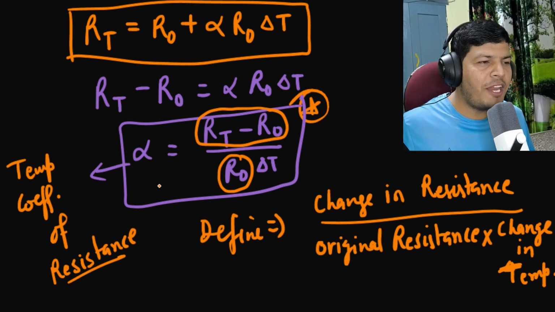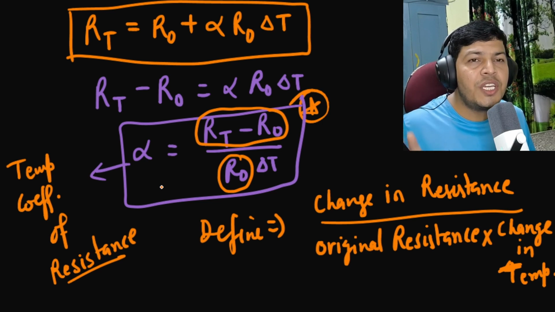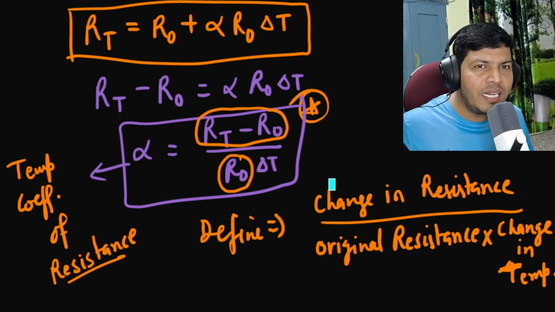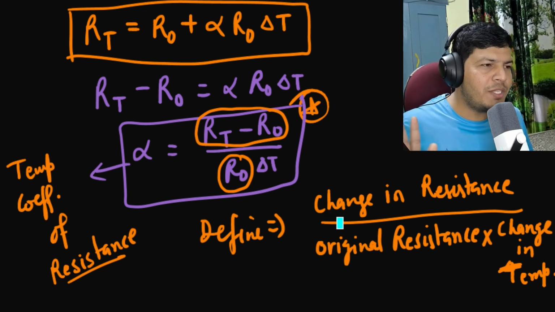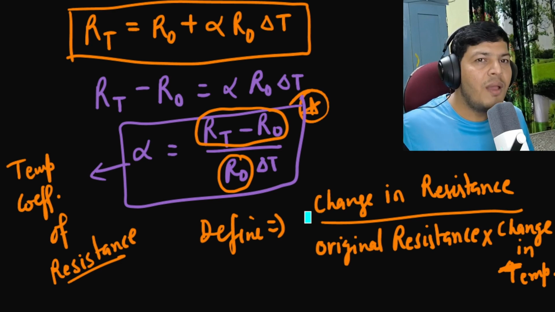You can define it like this: it is equal to change in resistance per unit original resistance per unit change in temperature. Simple thing, I'm just repeating it: change in resistance per unit original resistance per unit change in temperature.